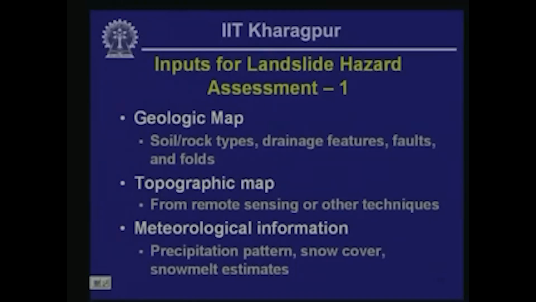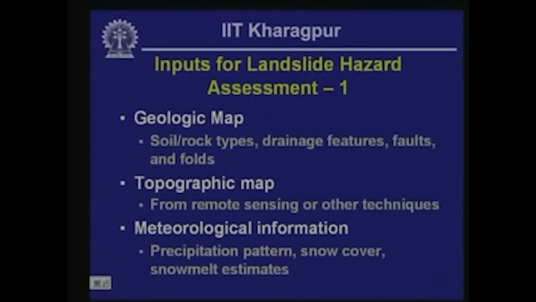Then we have to look at the meteorological features of a given area. We have to look at the precipitation pattern of a given area, and here again I want you to realize that in hilly areas the precipitation pattern could in fact vary quite a bit from place to place, even when the distance between these sites is relatively small.